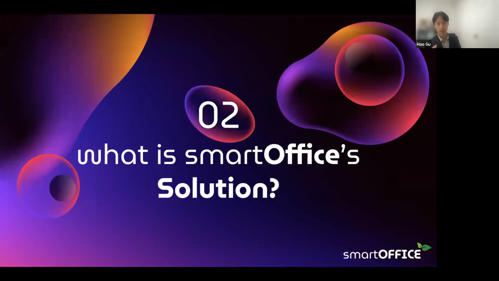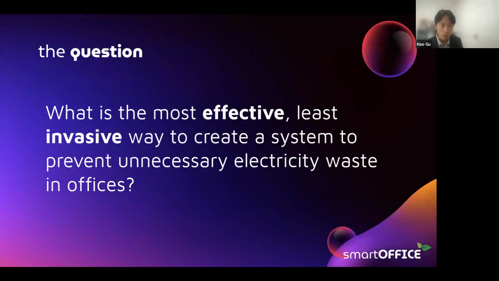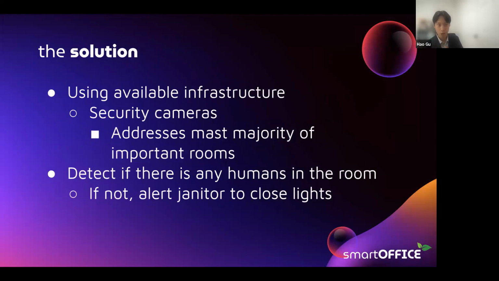So moving on to section 2, what is smartOffice's solution? smartOffice's solution hinges on this essential question. What is the most effective yet least invasive way to create a system to prevent unnecessary electricity waste in offices? Guided by this question, the solution is as follows.